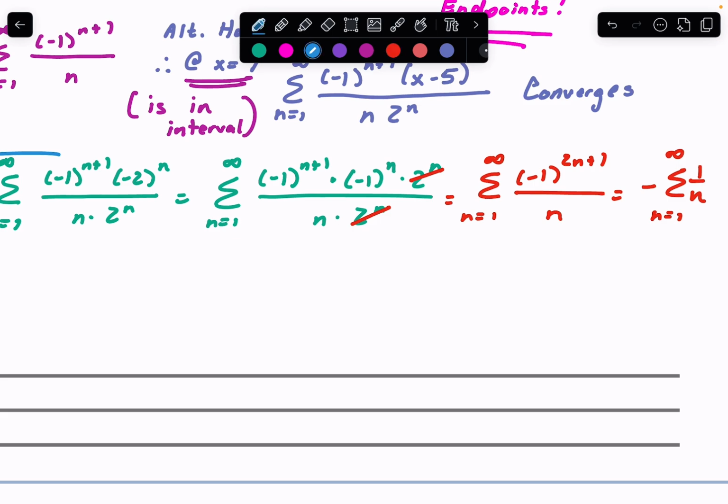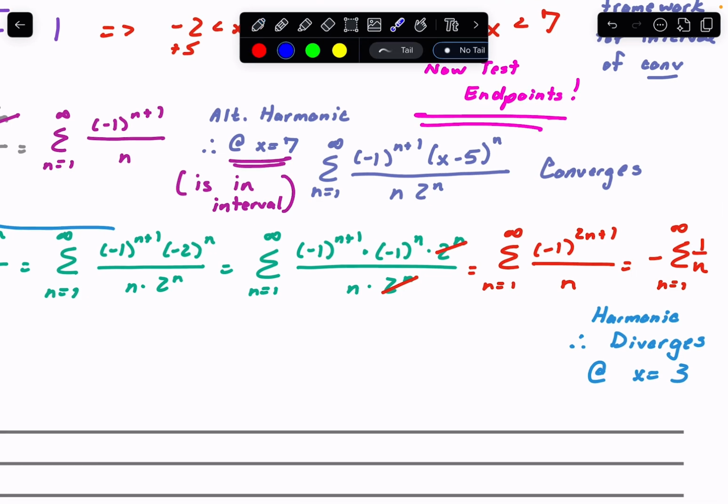So this is harmonic, right? Therefore, I'm just going to put therefore diverges at x equals 3 just to save room a little bit. So notice in all that analysis, I know it took a lot of work, but I'm going to include 7 in my interval. I am not going to include 3.